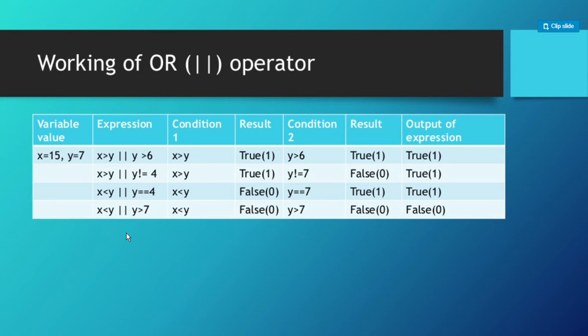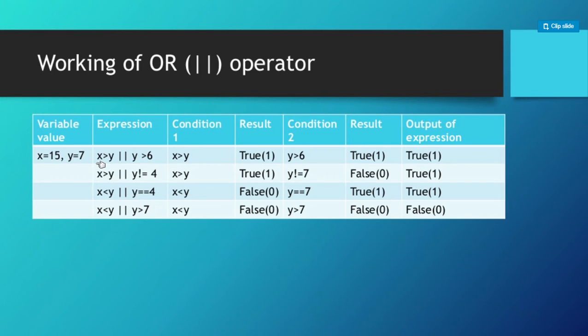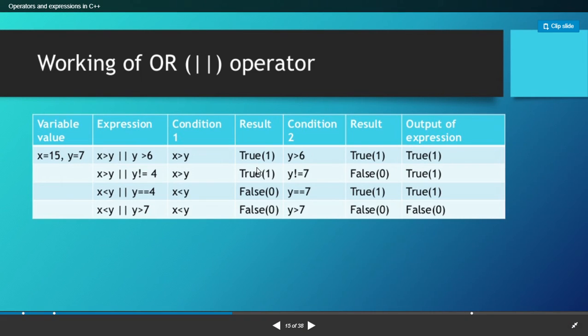For the first condition, x greater than y: x is 15, y is 7. x is greater than y because 15 is greater than 7. So the result is true, that is 1.